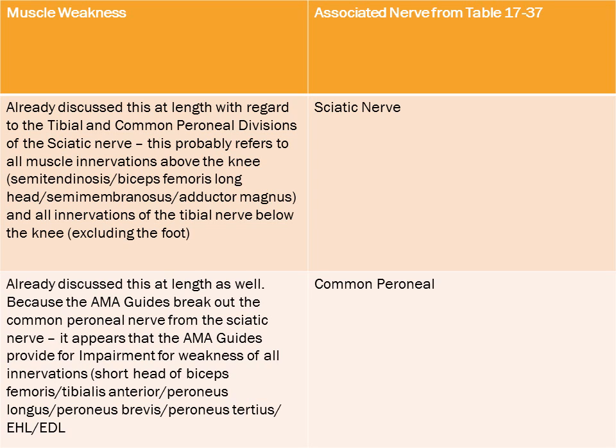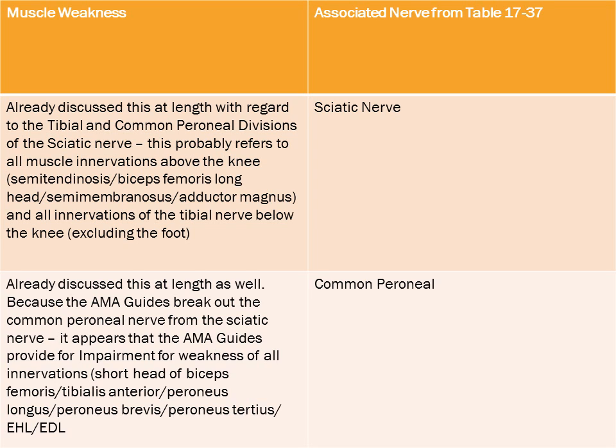And so far in this program, we've already discussed at length muscle weaknesses related to the tibial and common peroneal divisions, referring to all the muscle innervations above the knee, including the semitendinosus, the biceps femoris long head, the semimembranosus, and the adductor magnus being associated with the tibial nerve, and then all innervations of the tibial nerve below the knee, excluding the foot.